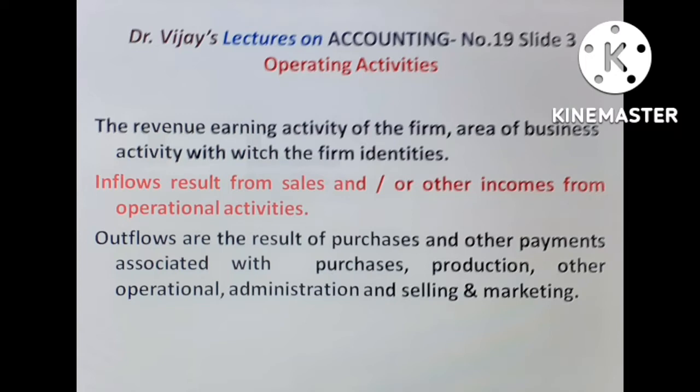Even the expenses connected with purchases, production, other operational expenses, administration expenses, selling and marketing are all considered part of operating activities. All the items considered in the final accounts up to the profit and loss account are part of operating activities, revenue as well as expenditure.